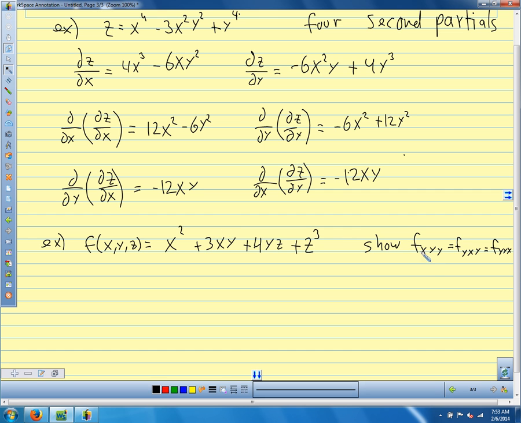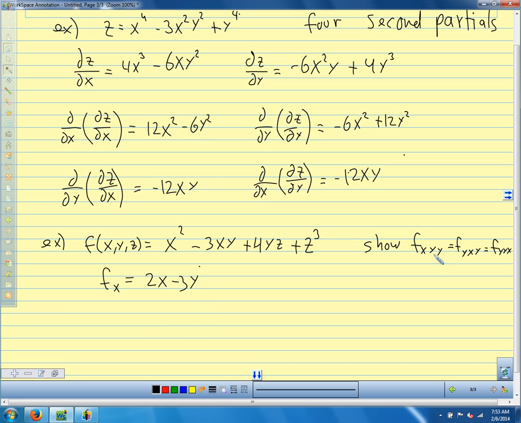So we're going to start for this first one. Let's take the partial with respect to x. So the first partial with respect to x of this thing is going to be 2x, and let's see, this should be a minus. I want this to be minus. 2x minus 3y.